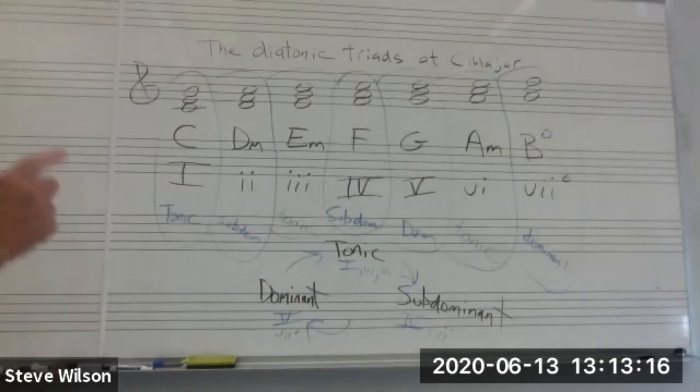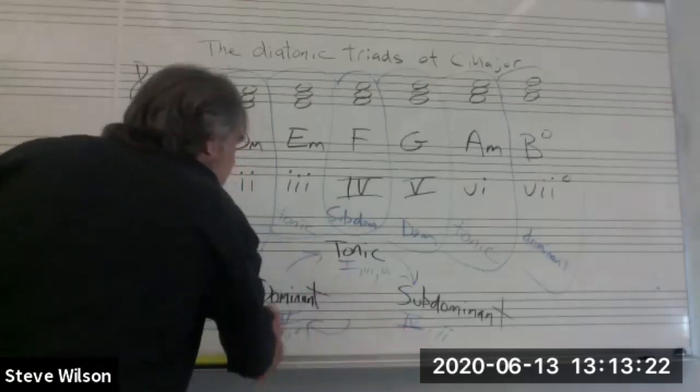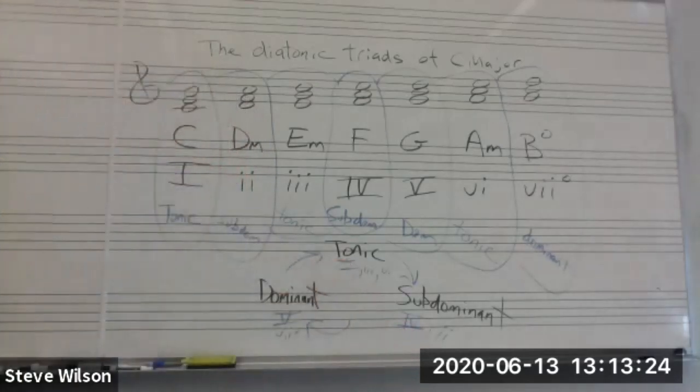What about this? Let's try 1, 2, 5, 1. That's also going to be tonic, subdominant, dominant, tonic. You get that same feeling of building of tension and then resolution of tension.